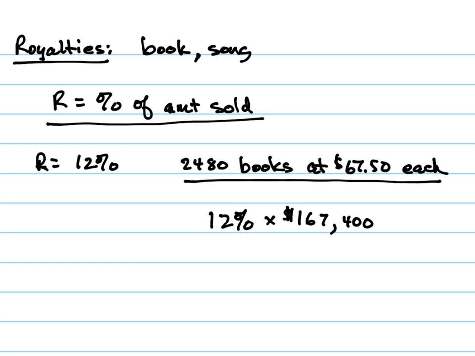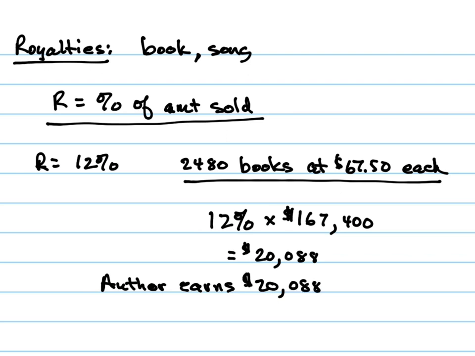So multiplying by 0.12, which is 12%, we get $20,088. So the author earns $20,088 in royalties.